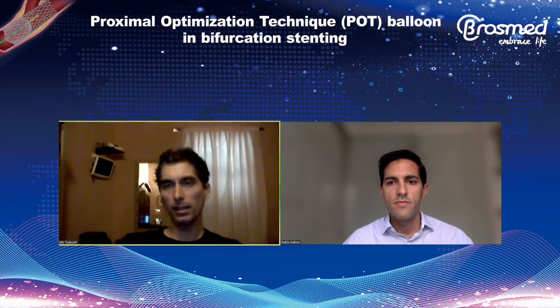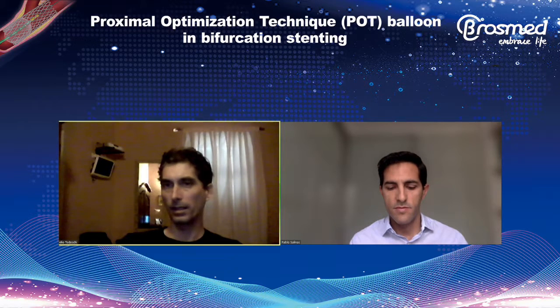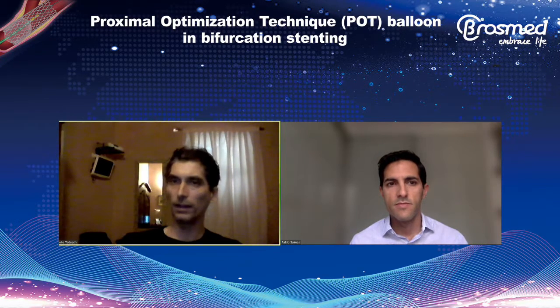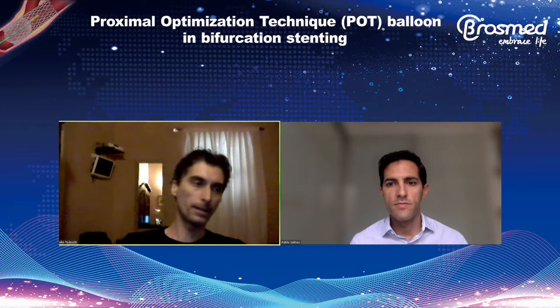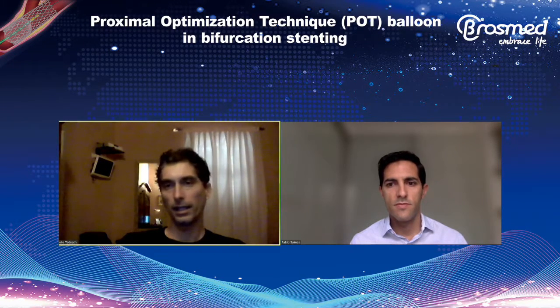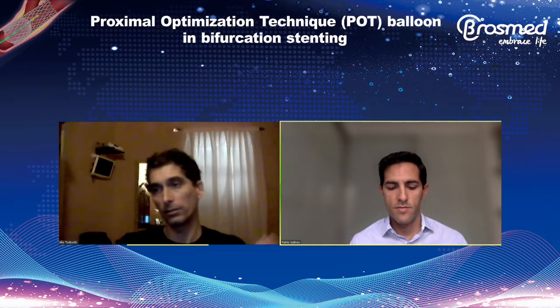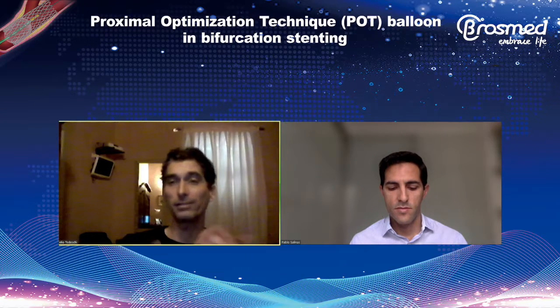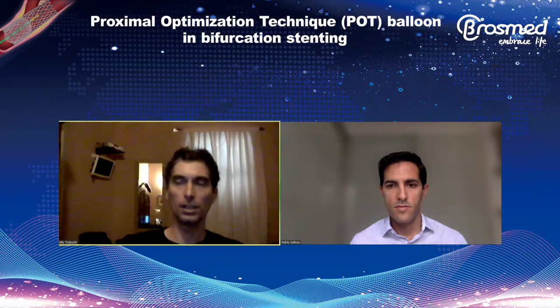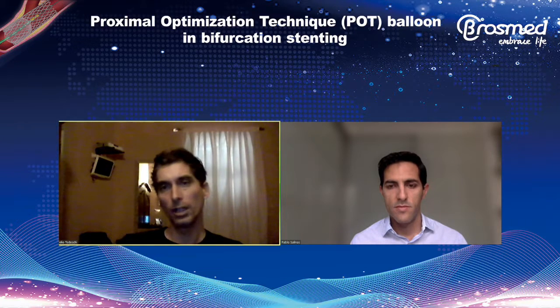I think the kissing balloon is mandatory when the side branch is an important side branch, and when we think that we could recross or retreat this bifurcation in the future.